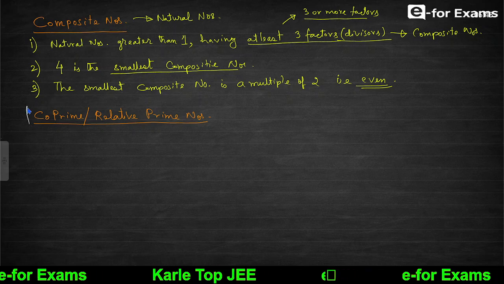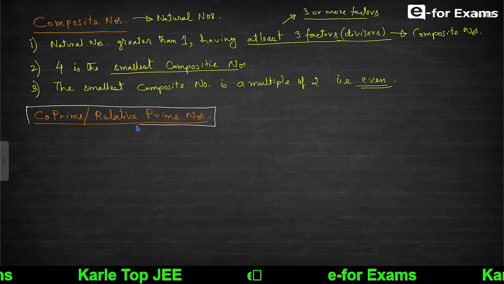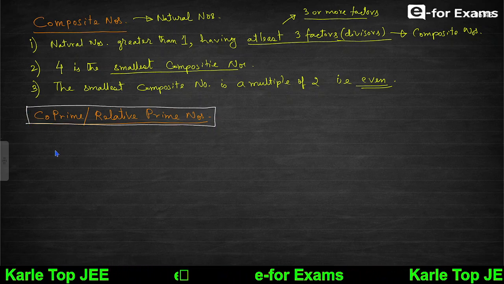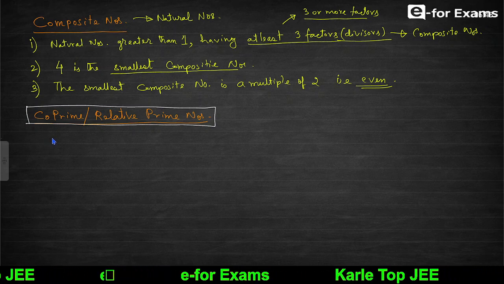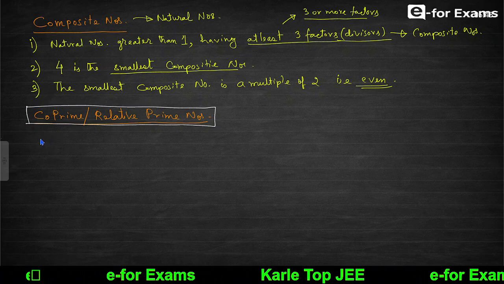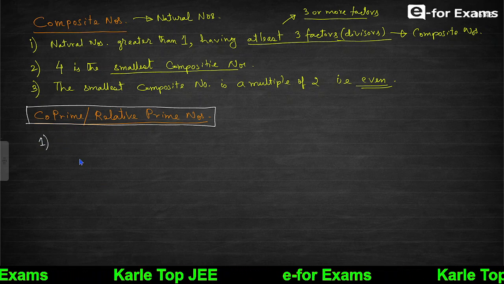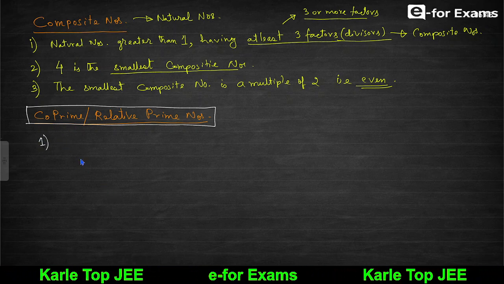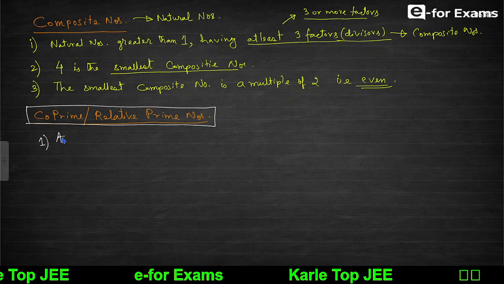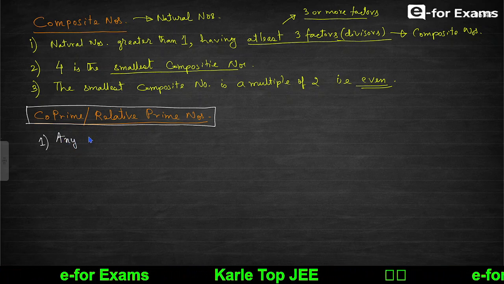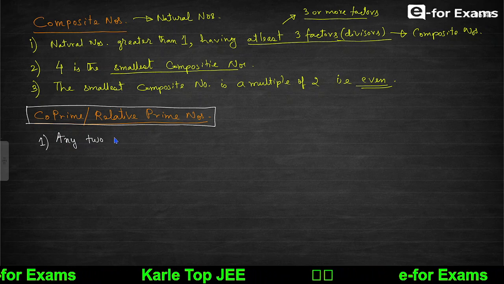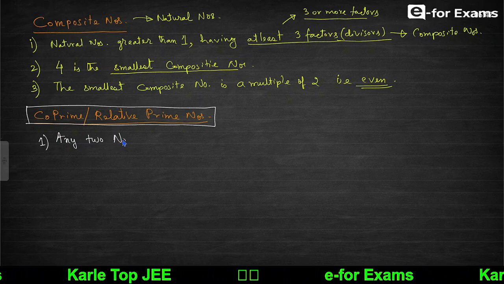Next, I think we don't have to spend too much time on this. We have done this in lower classes, right? So we will wrap up quickly. Number 1, coprime. What are coprimes? Any two natural numbers.